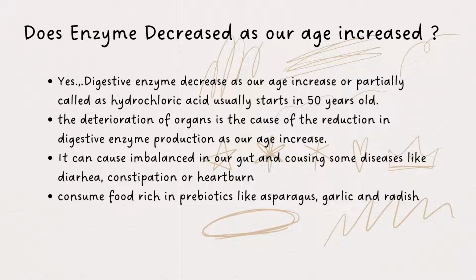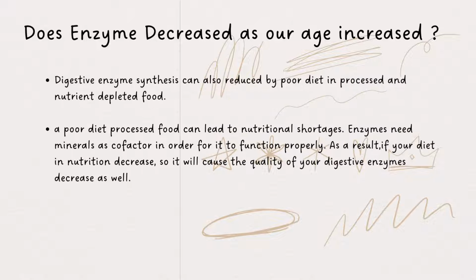It can cause imbalance in our gut and some diseases like diarrhea, constipation, or heartburn. Consumption of food rich in prebiotics like asparagus, garlic, and radish is key for preventing leaky gut and also supporting an aging digestive system.